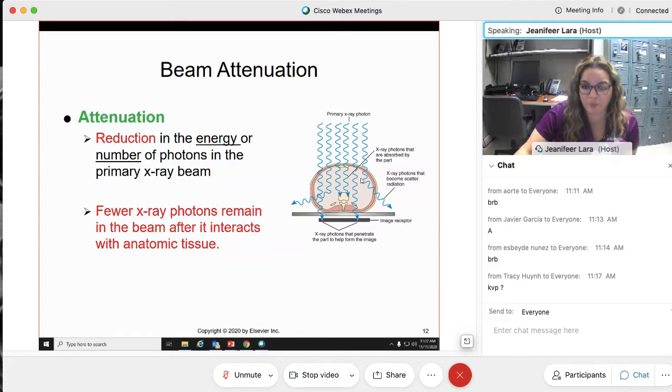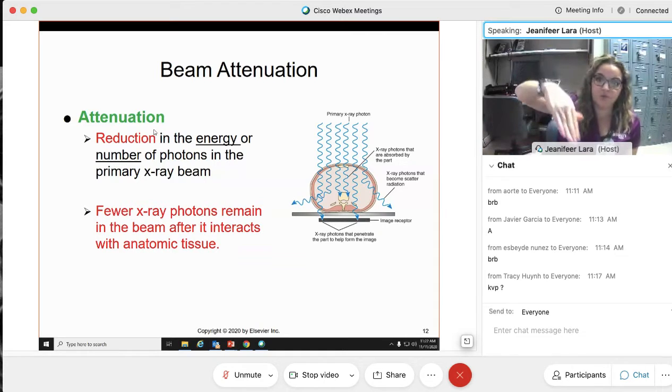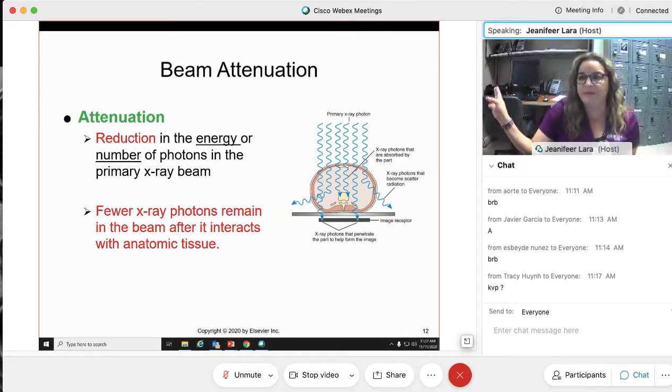A lot of people will say attenuate means it goes through. No, it doesn't. Attenuate does not mean go through. Got it? Attenuate means either it was lost or reduced. The photons from the primary beam were either lost or reduced in energy. Here we have a Compton scattered photon.